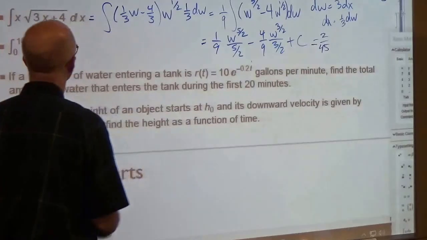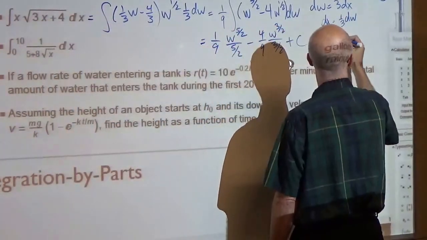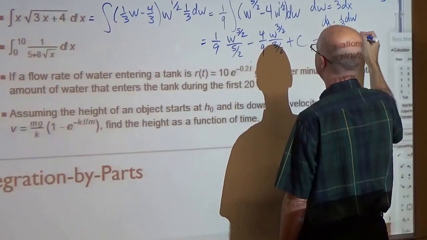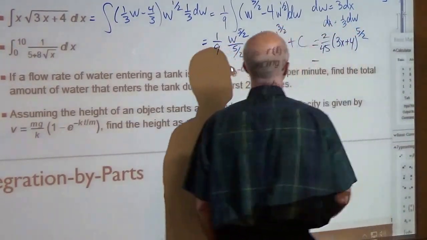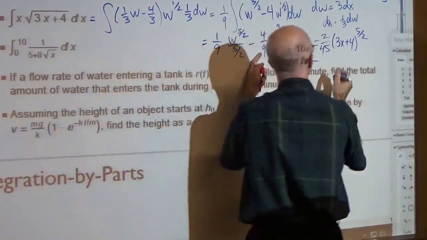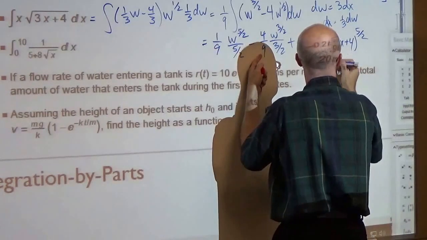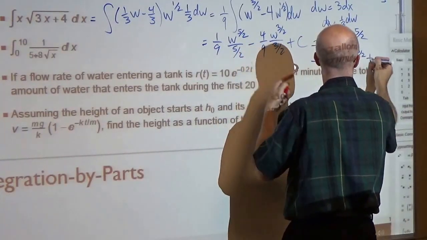I'm going to go ahead and replace w with 3x plus 4. 2/45, 3x plus 4 to the 5/2, and then minus 4/9 times 2/3 is 8/27, 8/27, 3x plus 4 to the 3/2 plus c.